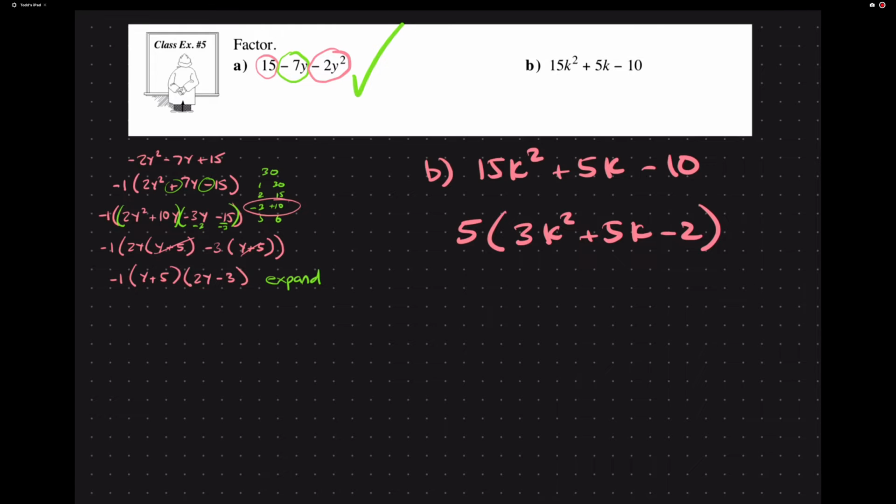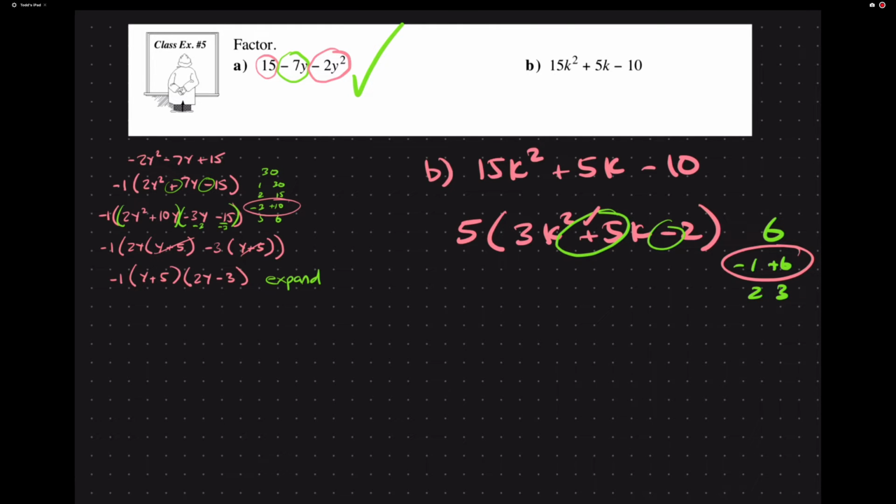The 3 times the 2 is going to give us a 6, and that will break down into 1 and 6, 2 and 3, and they're going to subtract to give us a positive 5. So that will be the 6 minus 1. And the largest term is going to be positive, so it's going to be a positive 6 and a negative 1.